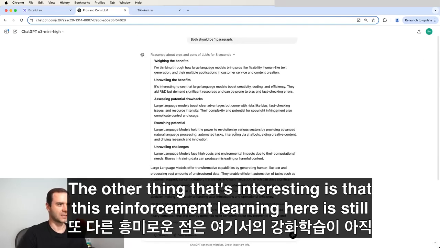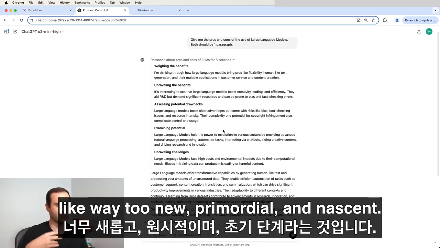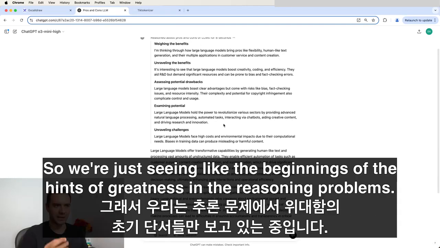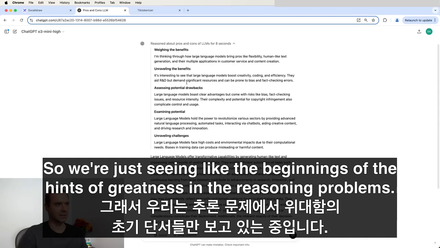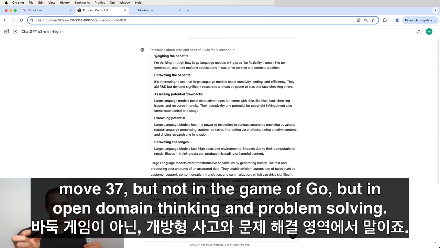The other thing that's interesting is that this reinforcement learning here is still way too new, primordial, and nascent. So we're just seeing the beginnings of the hints of greatness in the reasoning problems. We're seeing something that is in principle capable of the equivalent of move 37, but not in the game of Go, but in open-domain thinking and problem solving.